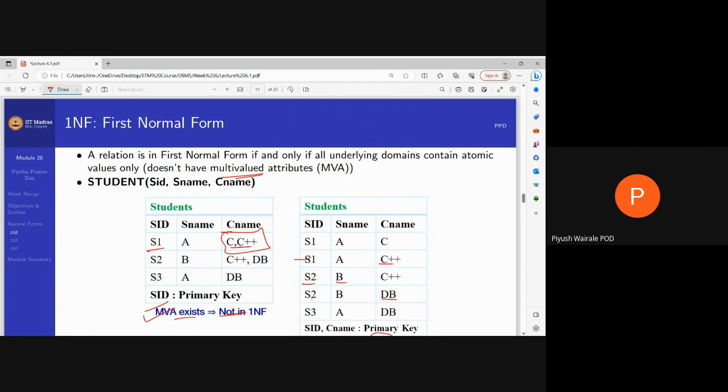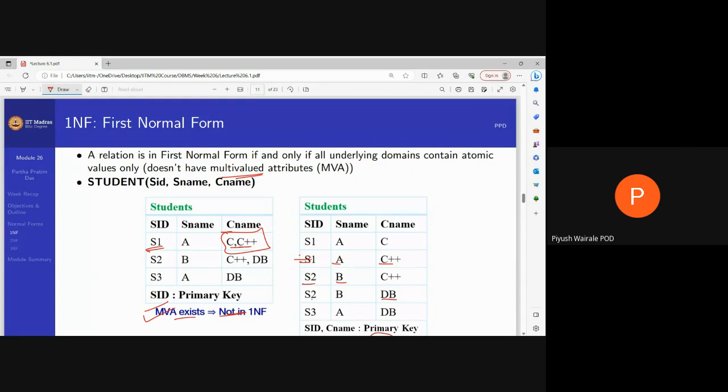So it will be difficult if you want to update the data of S1. Suppose you want to change the course name to any other course, it will be difficult to update that. So that's why it is not in 1NF. Now, how to avoid that? Simply we can remove the multi-valued attribute. We can add one more tuple or row, like S1 A C++.